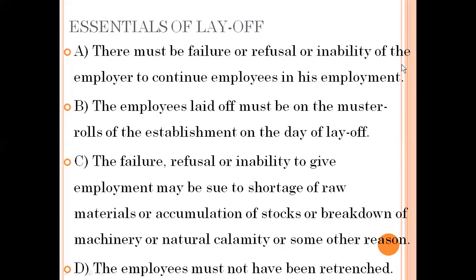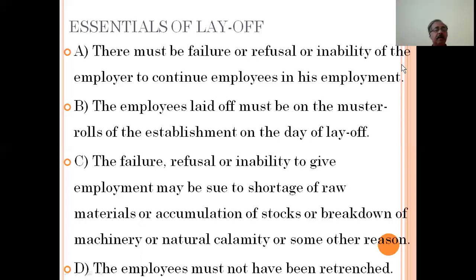Third, the failure or refusal or inability to provide employment may be due to shortage of raw materials or accumulation of stock or breakdown of machinery or natural calamity or some other reasons. And the employees must not have been retrenched.